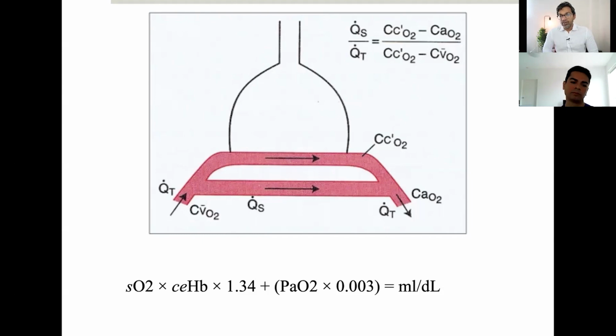If you remember, your expected P alveolar O2 is determined by your FiO2 times your barometric pressure. So that's 0.21, let's say, times 760 take away your saturated water vapor pressure, which is 47. So that's 760 take away 47, which comes to 713.